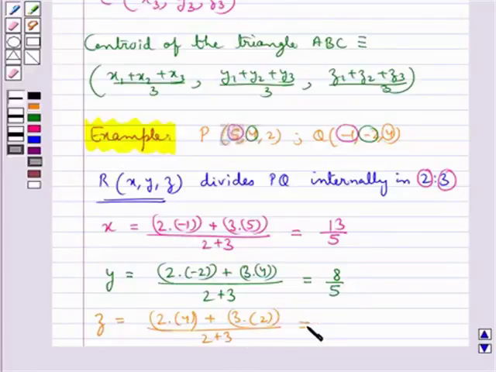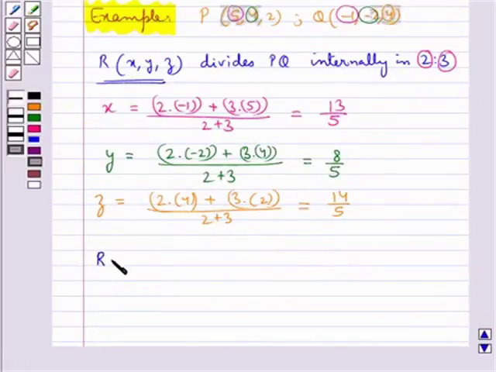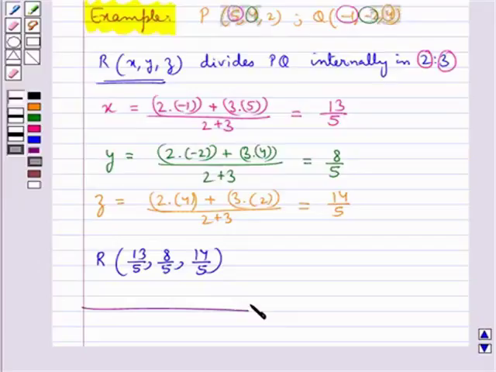This is equal to 14 upon 5. So we get the coordinates of the point R are 13 upon 5, 8 upon 5, 14 upon 5. So this is how we use the section formula. This completes the session. Hope you have understood the coordinate axis, coordinate planes, section formula, distance between 2 points.